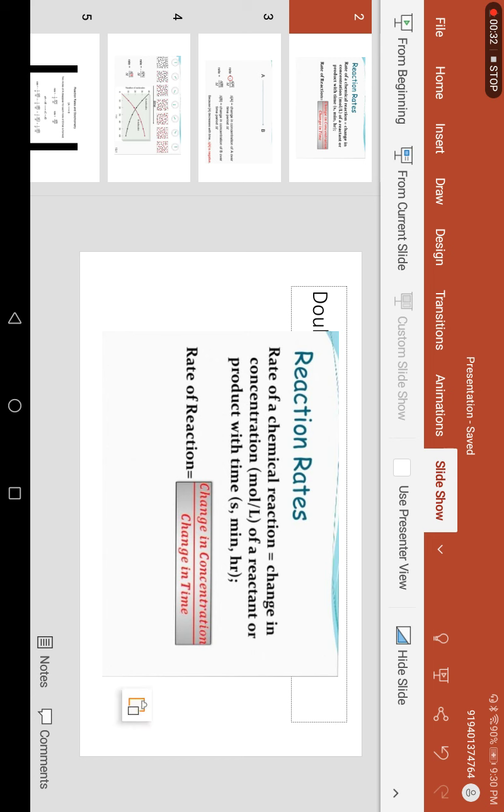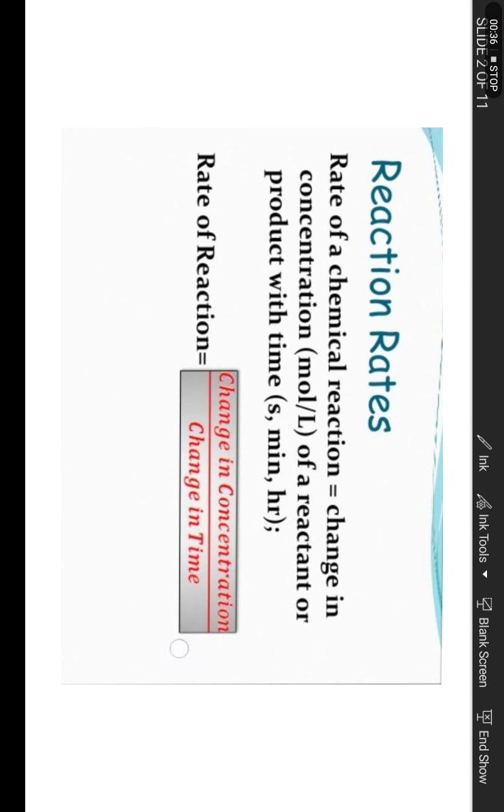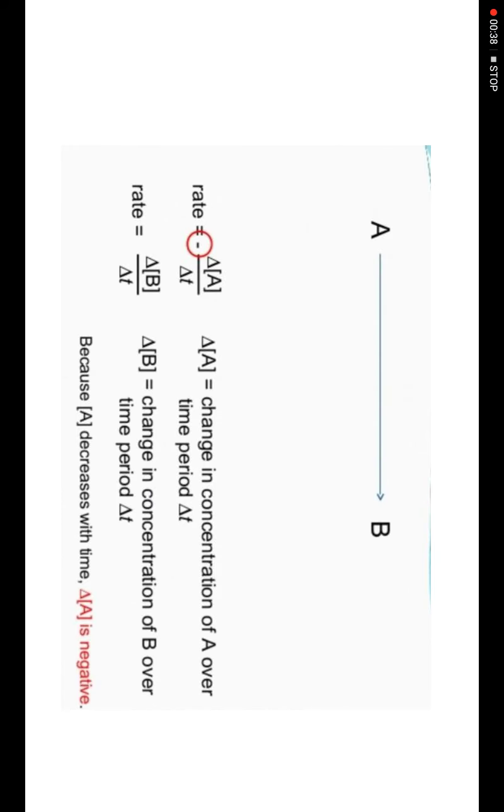Next we have written how it changes. We have written rate is equal to minus delta A by delta T, which is the change in concentration of A over a time period delta T, and delta B by delta T is equal to the change in concentration of the product B over time period delta T. So we have written delta A as negative before the reactant.